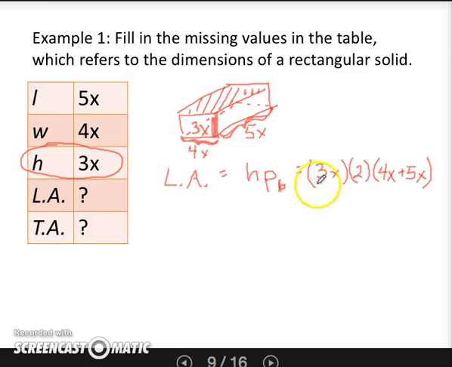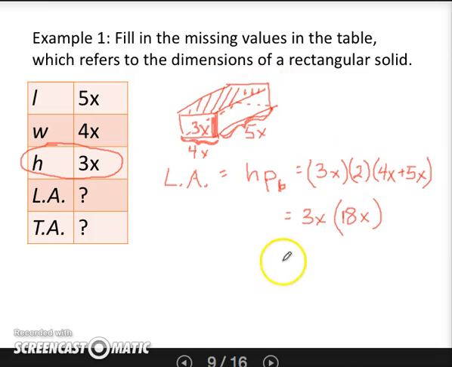So we have a big expression here. We have the height, and then we've got this perimeter. Let's simplify this. We'll leave the height as is, but 2 times 4x plus 5x, this makes 9x times 2. That'll give us 18x for the whole perimeter of the base. There's the perimeter.